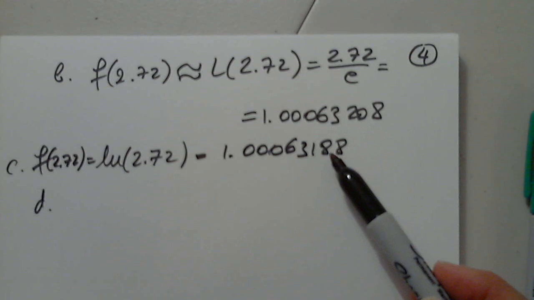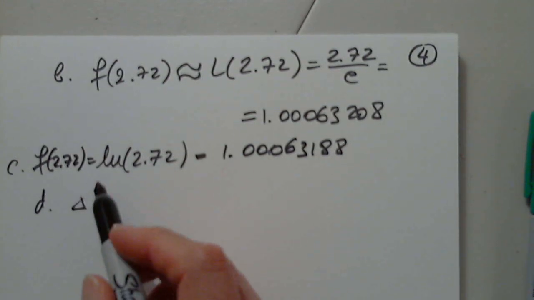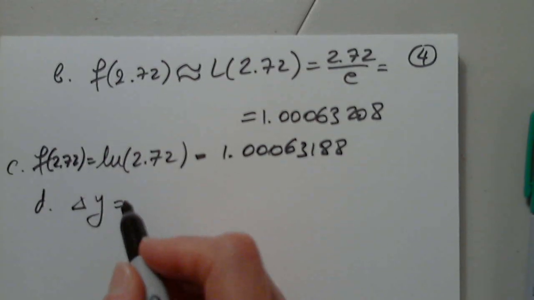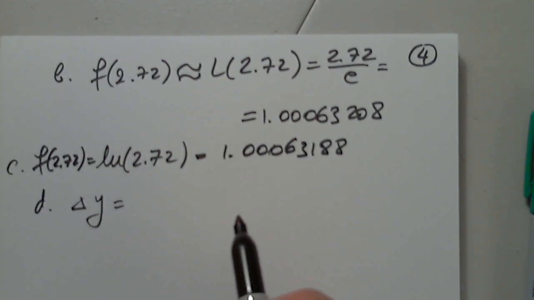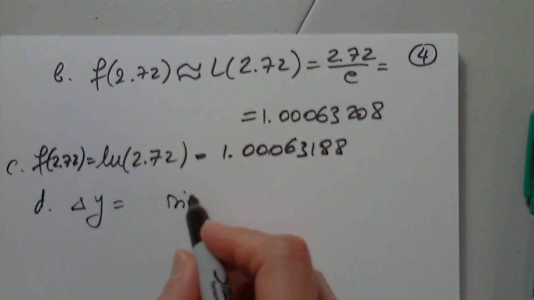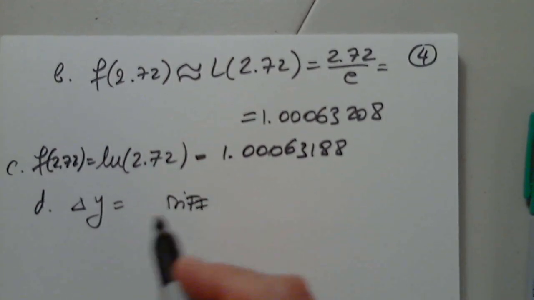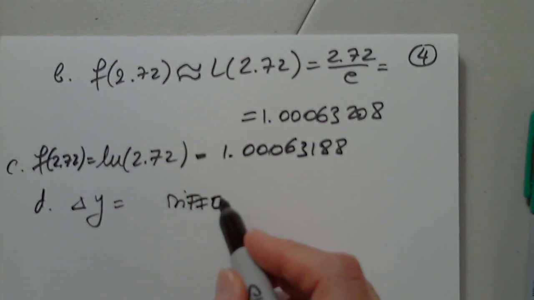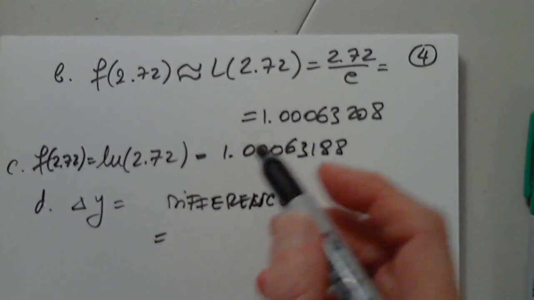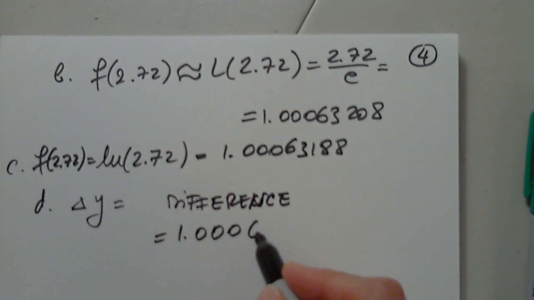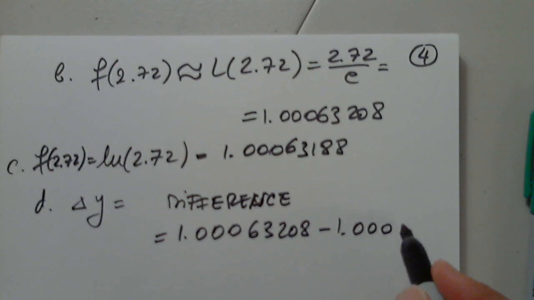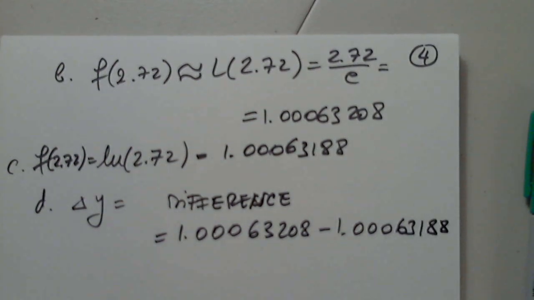The approximation is bigger than this, so I have to, so delta. Delta is the difference. Or I wouldn't call it delta y. Let me just say difference. Because delta y is something else, and I'm going to talk about it in a minute. Difference is 1.00063208 minus 1.00063188.